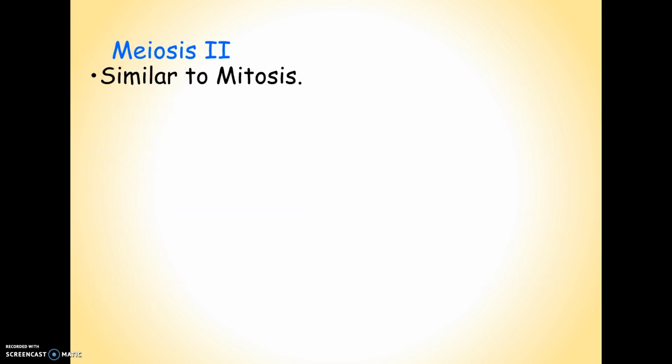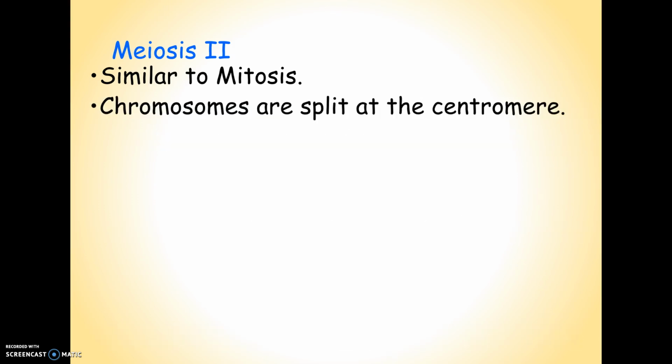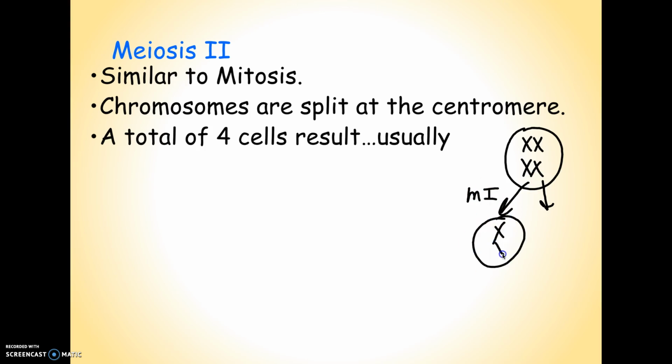Okay, so meiosis II looks a lot like mitosis. The chromosomes are going to split at the centromere. In other words, they're going to break in half like they did in mitosis. So it's going to look like this. This was meiosis I. This was our pairs. I'll just put an M1 here. Meiosis I, the chromosome number got cut in half.